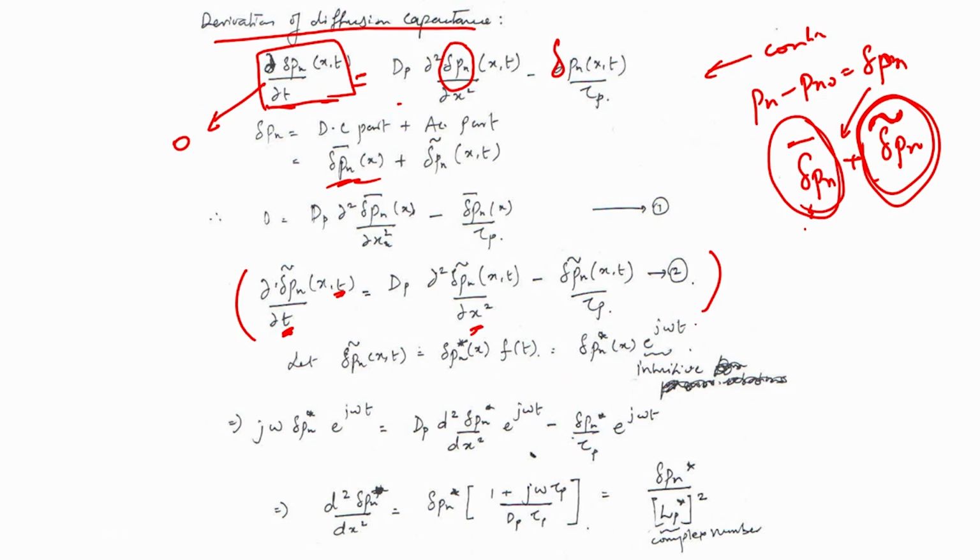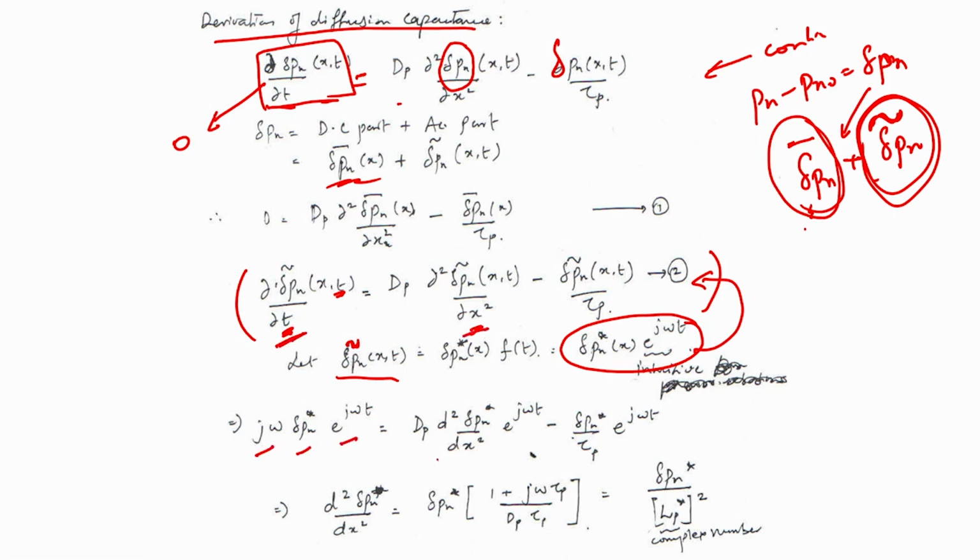So now we will just substitute this expression for delta Pn, the AC component of delta Pn is given by this, and we will substitute this approximation inside our continuity equation. And when you make the substitution, you see that this time derivative becomes j omega delta Pn e to the power j omega t.